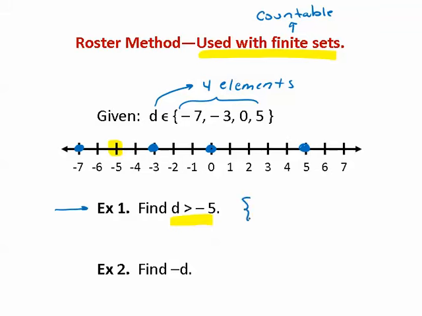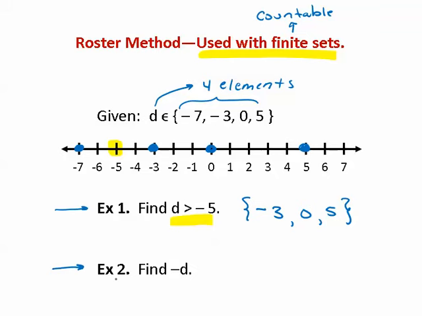So we use the roster method just to list those numbers, or those values. -3, 0, and 5. And once again, those are written using the curly braces like that. Notice that -7 is not to the right of -5, therefore it's less than -5.